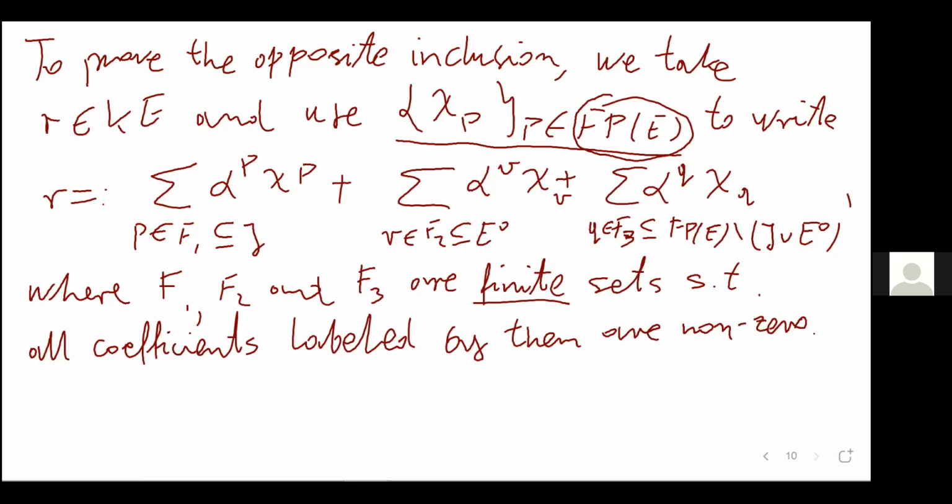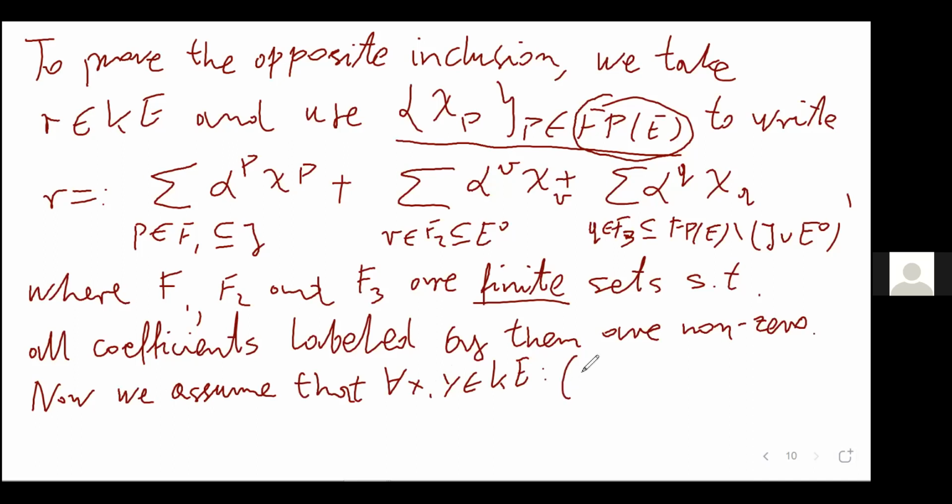And now what we assume is that for any x, y in KE, 1 minus x R y is invertible. So in other words, I assume now that R is in the Jacobson radical of KE. And I want to prove that in fact it's in this nilpotent ideal.